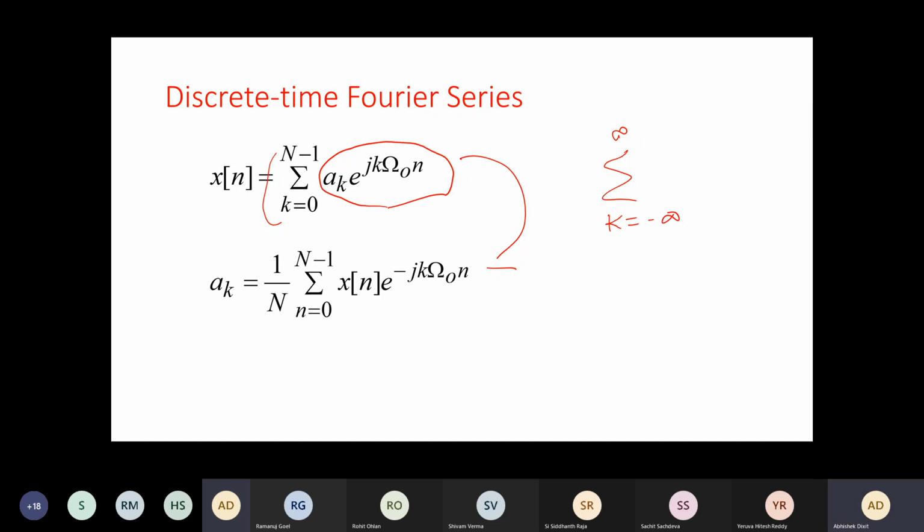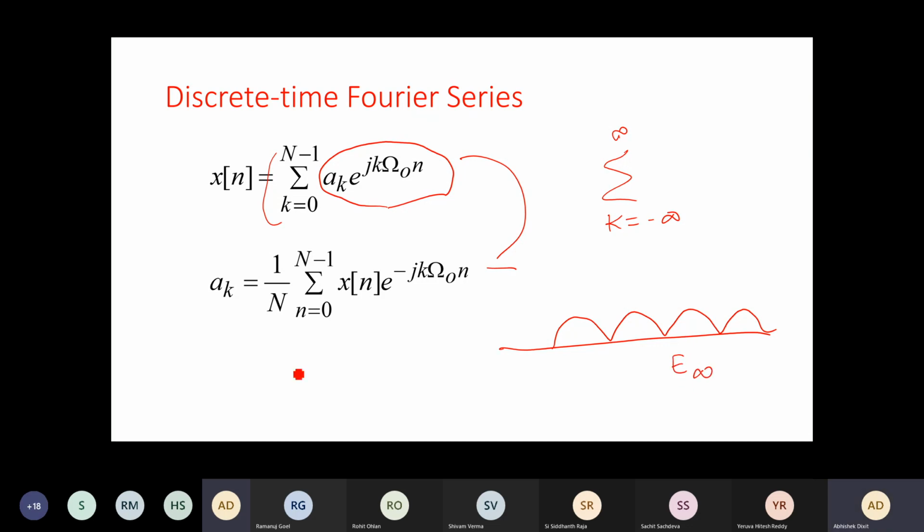If you are having any periodic signal, let it be continuous time or discrete time, it doesn't matter, what is the energy of this periodic signal? The energy of a periodic signal from minus infinity to plus infinity is always infinity.